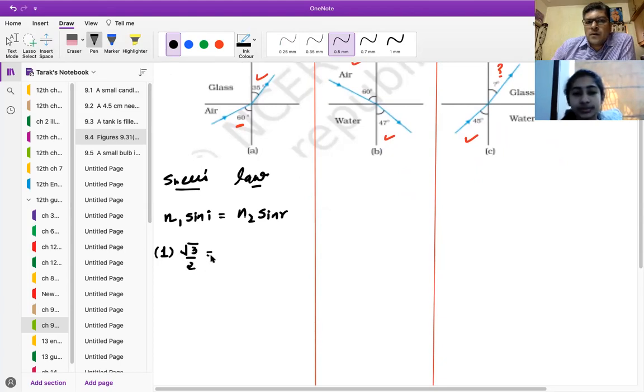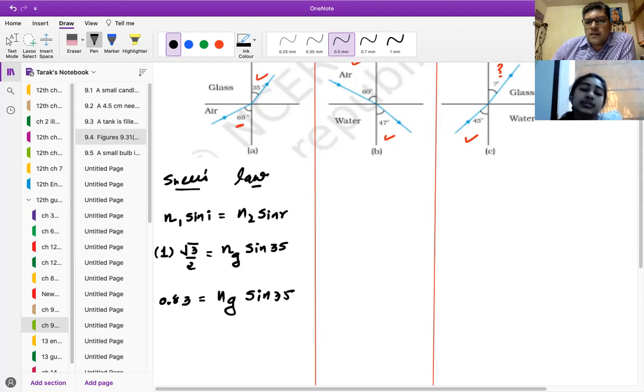N2 we don't know, it means the n of glass I don't know, and it is sine 35. Root 3 is 1.73, divided by 2 is 0.85 or 0.83. So I will have 0.83 equals n of glass times sine 35.